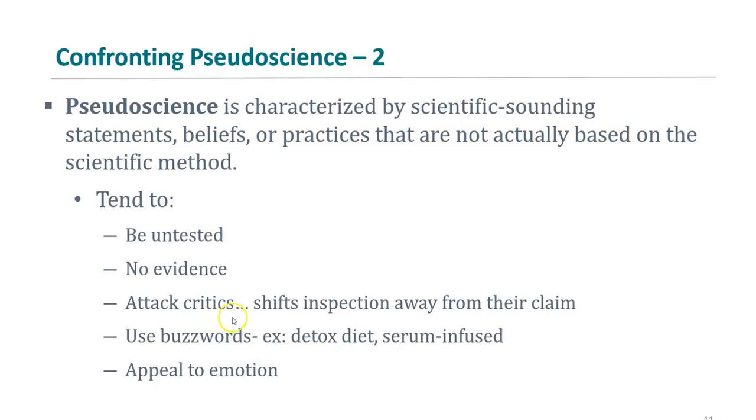So by doing this, it kind of shifts the attention away from them, right? So you're not really paying attention to what their claim is. You're paying attention to what the attack is and why the other side is wrong. So you're not looking in depth into what they are doing. You're focused on the other side.